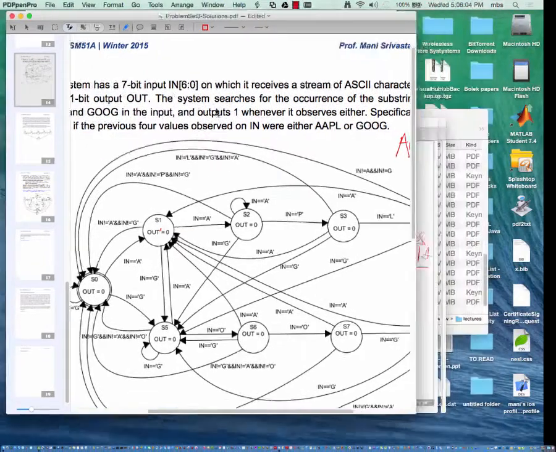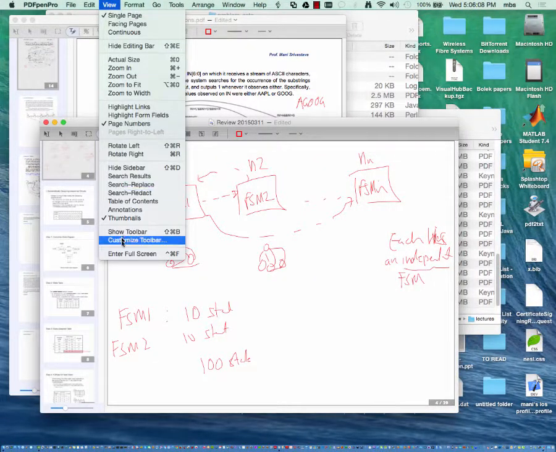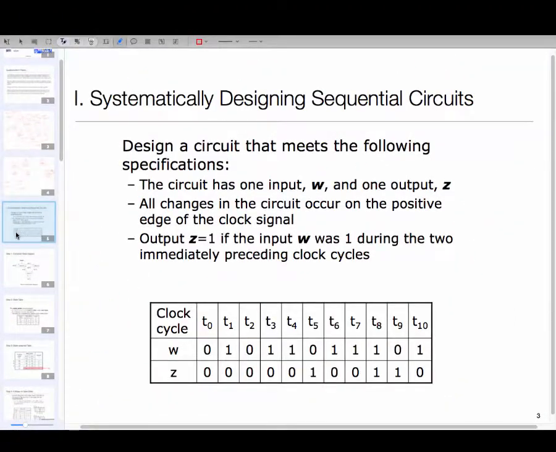Let's go back to designing sequential circuits systematically. Roughly speaking, we have seen three kinds of problems, and that roughly corresponds to what you can expect on the final.